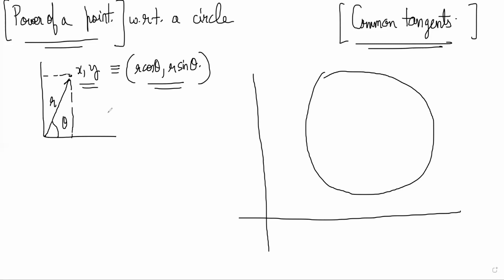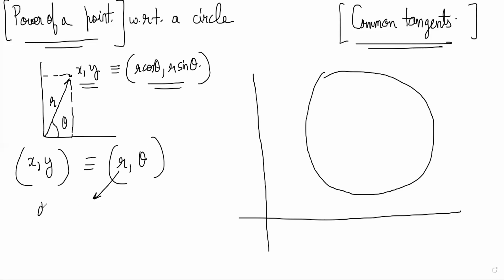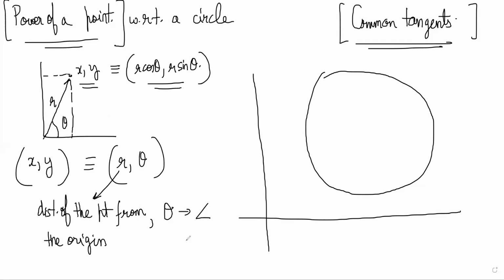So polar coordinates basically says that instead of x, y, we will use the symbols r, theta, where r is the distance of the point from the origin, and theta is the angle that the line which joins it to the origin makes with the positive x-axis.